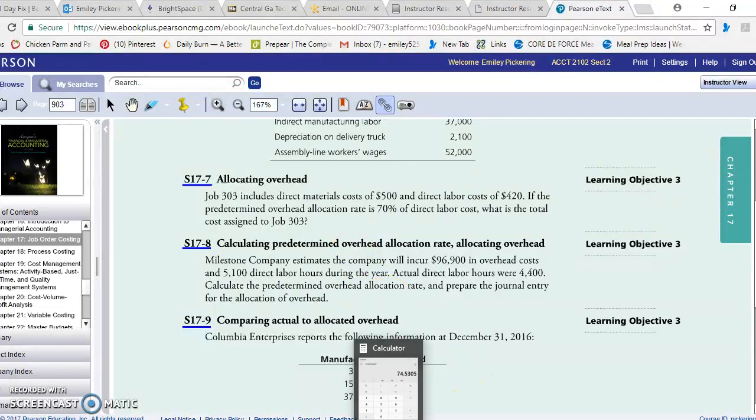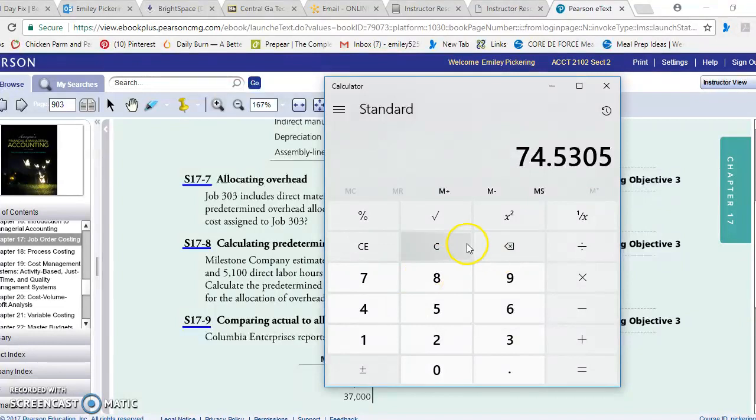That gives us a predetermined overhead rate per direct labor hour. So I'm going to take 96,900, divide it by 5,100. That gives us 19. What that essentially means is for every direct labor hour we incur, we are also incurring $19 of overhead.